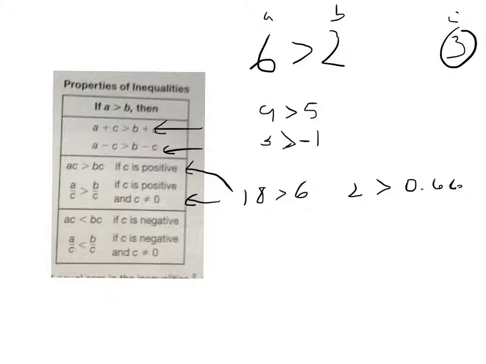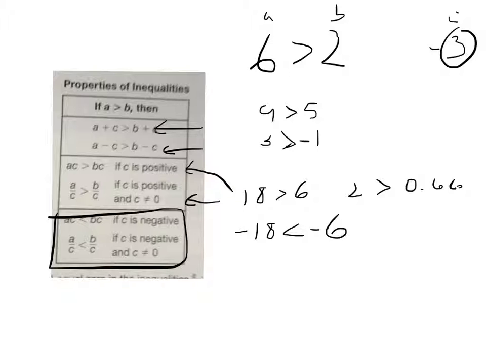However, if C would be negative, then the symbol switches, because 6 times negative 3 would be a negative 18, and 2 times a negative 3 would only be a negative 6. So by changing it to a negative number, in this section down here, we change that symbol. Again, in this one right here, if we say 6 divided by negative 3, that'll be a negative 2, is going to be less than negative 2/3, which would be negative 0.666.